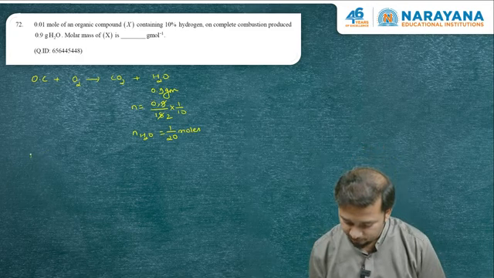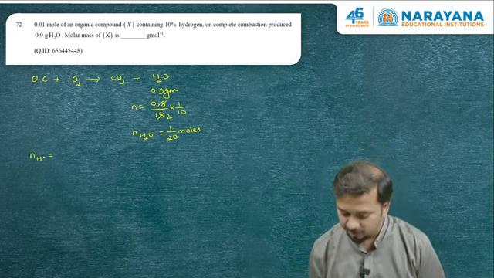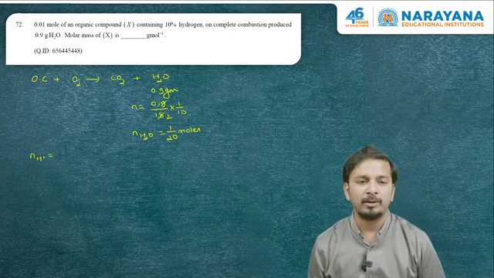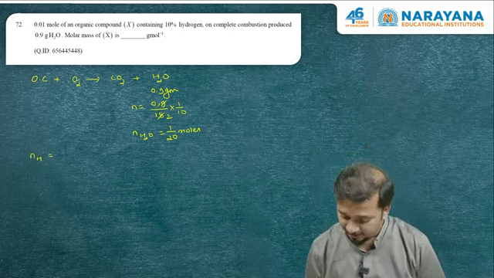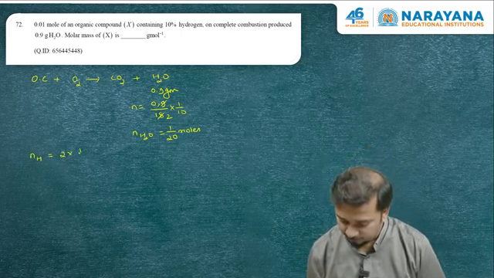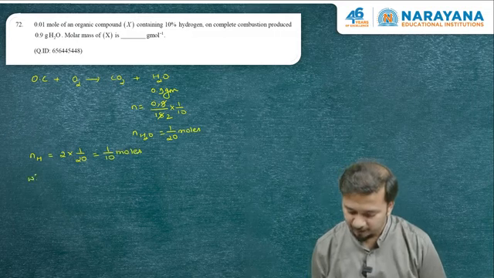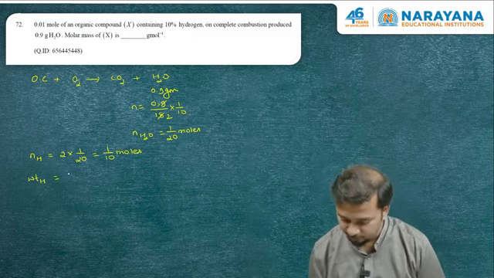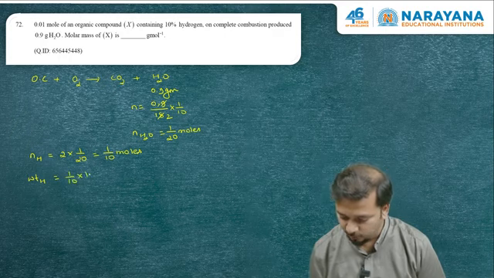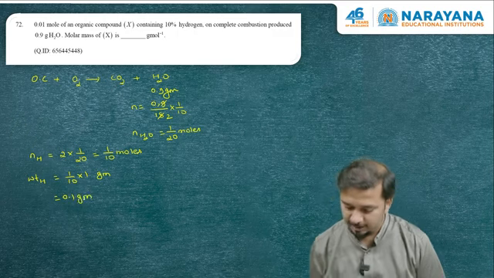So we can find moles of hydrogen atoms. Moles of hydrogen atoms will be 2 times the moles of H2 molecule, so it is 2 times 1 by 20, which is 1 by 10 moles. Now the weight of hydrogen atom, we know each atom weighs 1 gram per mole. So it will be 1 by 10 into 1 grams, which is 0.1 gram.